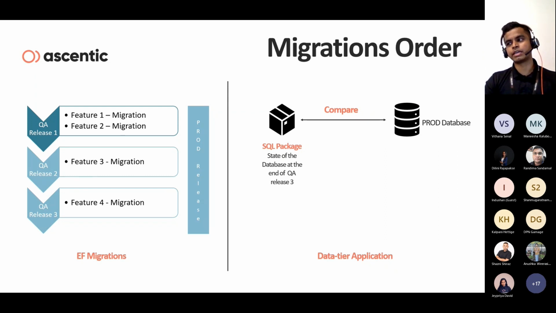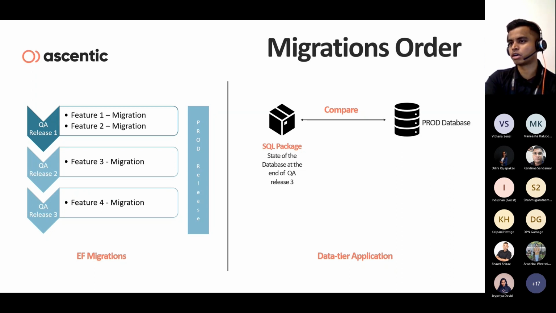What it does is it has the current state and the target database, and then it compares them. The changes that need to be included will be detected by the data tier application, and then the SQL package command or the CLI will apply those changes to the production database. So there is a difference.